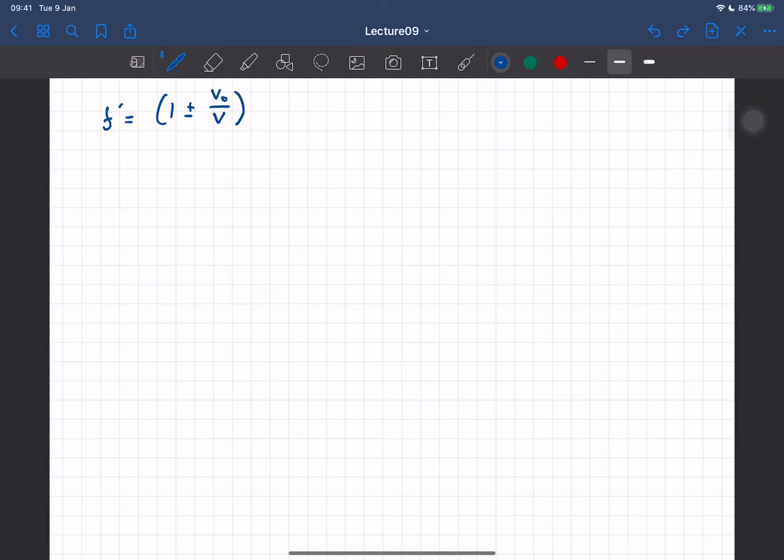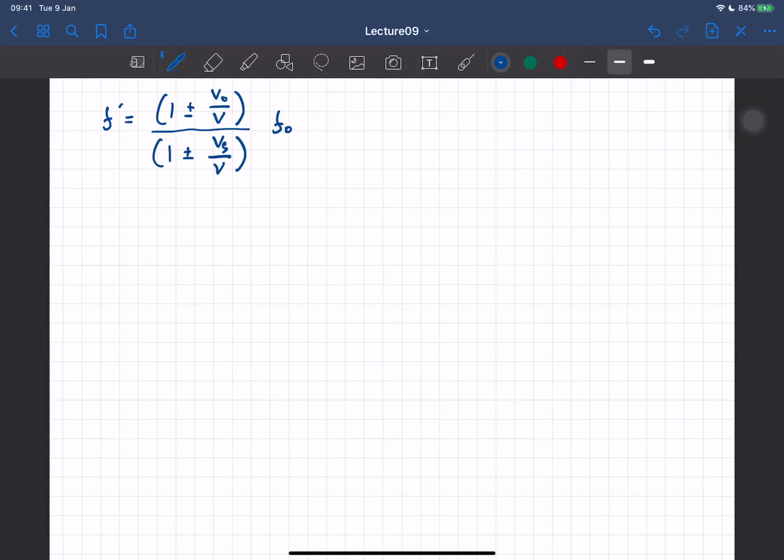And then if the source is also moving, you also need another factor from our previous case, like this, okay? So this is the most general case you can have, when both the observer and the source are moving. Okay, so you need something like this.